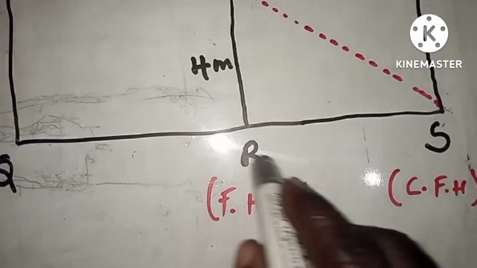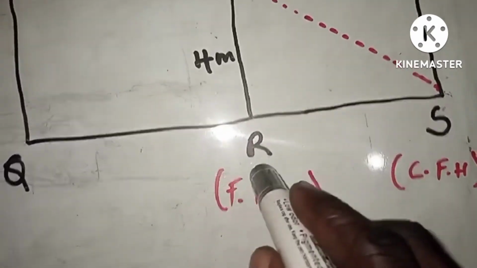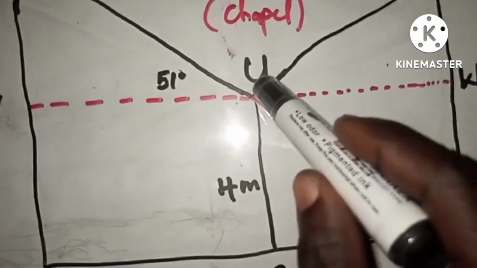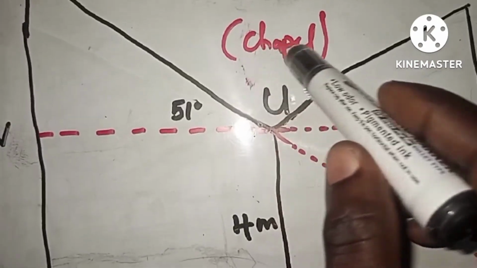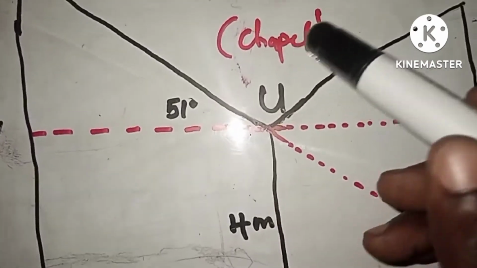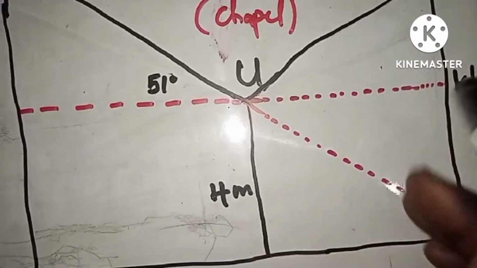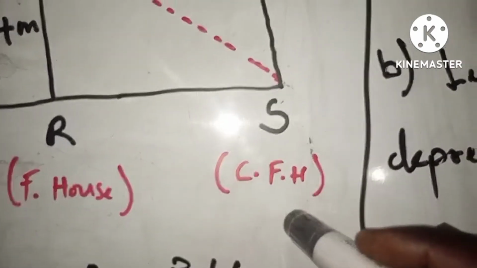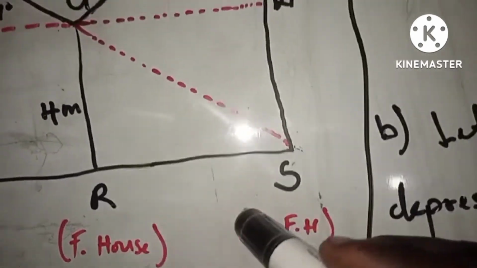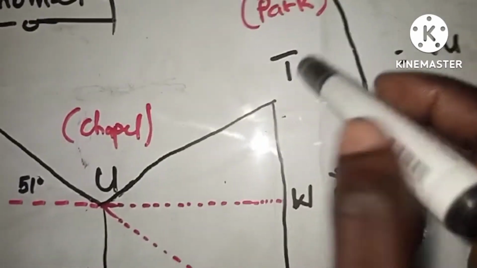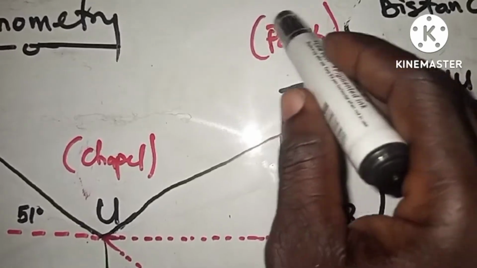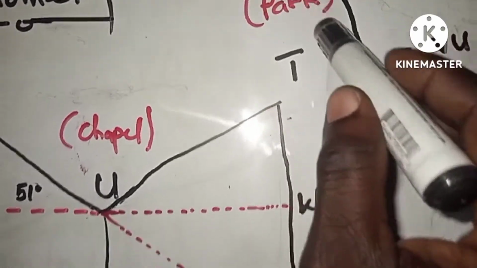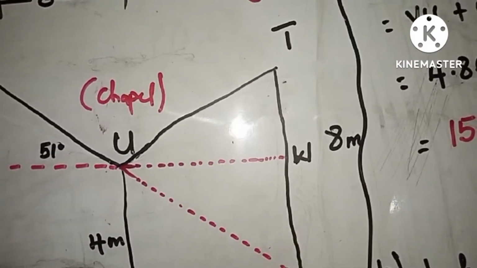Then the U here can be your chapel, if you are a Christian, just for understanding purposes. The S here can be your childhood friend's house, and finally T can be a park, maybe a playing ground. So that is exactly a simple understanding of the paper.